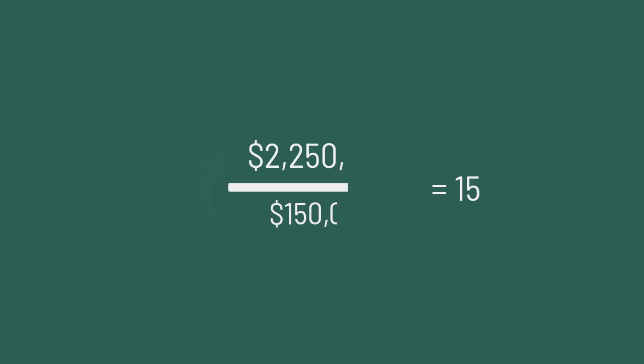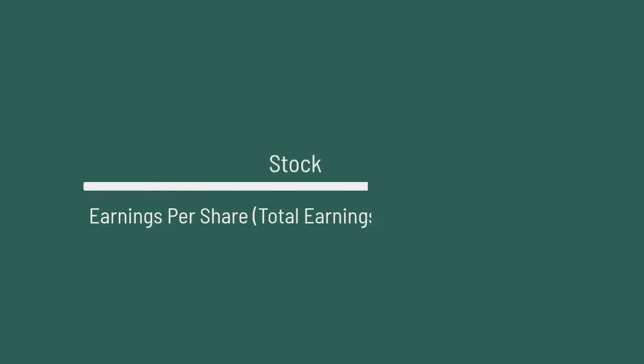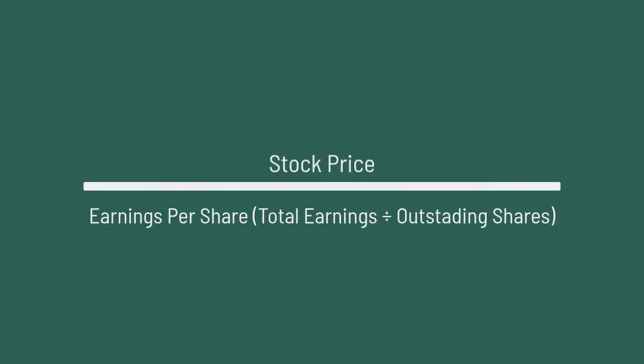You can also see it from a per share perspective. In that case, we need to calculate their earnings per share, which is very simple. Let's use the same example, but instead of the market cap, let's focus on their share price, which is $225. And they have 10,000 outstanding shares, which is why their market cap was $2,250,000.